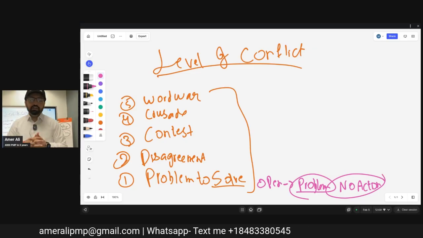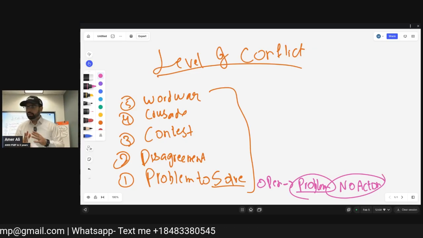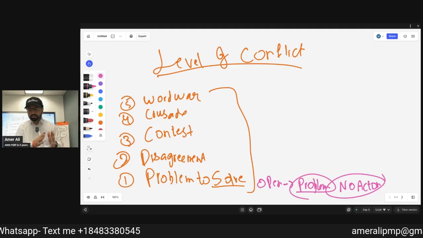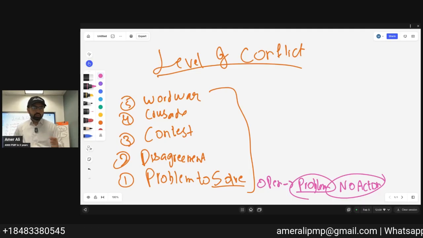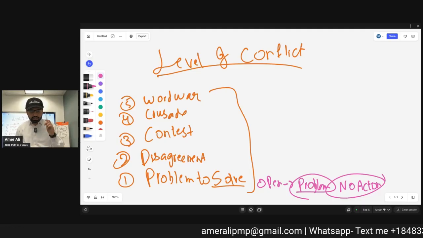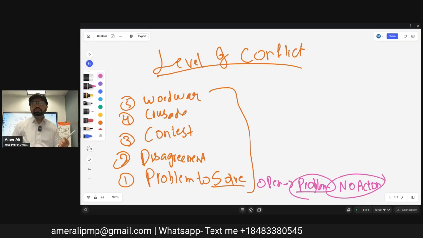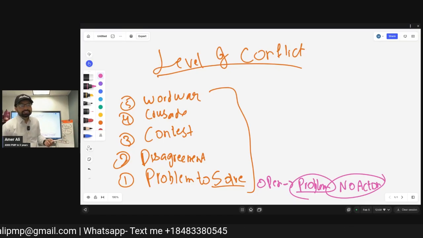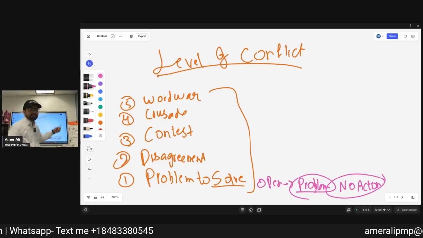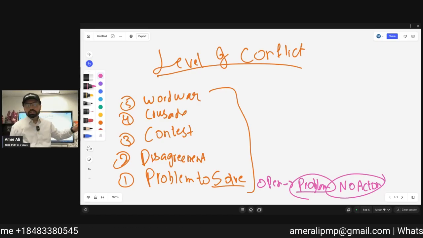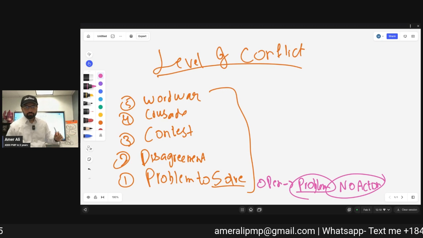So at this level, the project manager does not take part. There is nothing that he should do. He should sit aside, let them do the thing. There is no action whatsoever. Okay, level 1 is clear to everyone. It's very important that we try to always do something, but it's not necessary here. Just sit aside, let them do the thing. There is no action needed from your side.